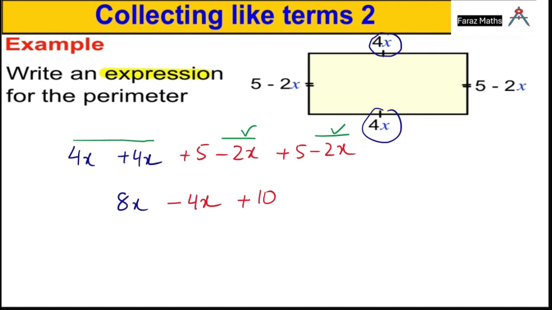Now we can do 8x minus 4x. So 8x minus 4x is 4x plus 10. That's our answer. So that's an expression for the given rectangle.